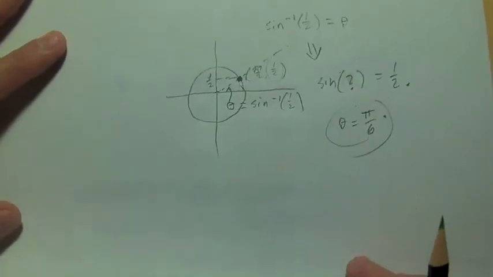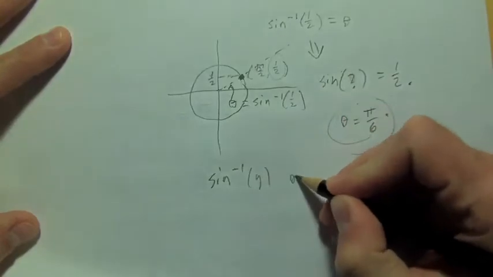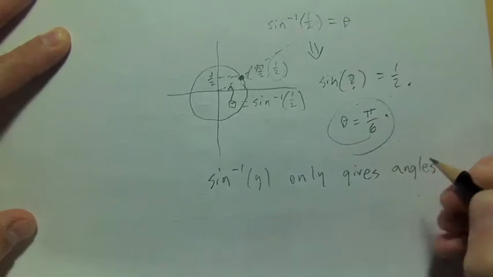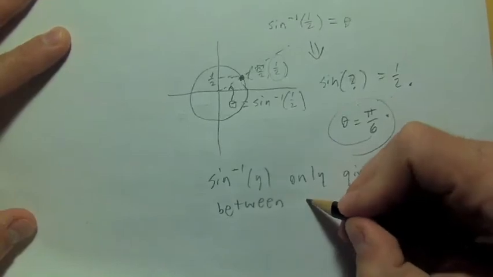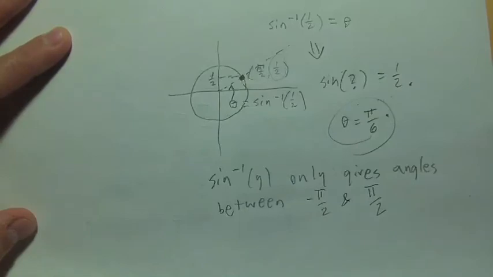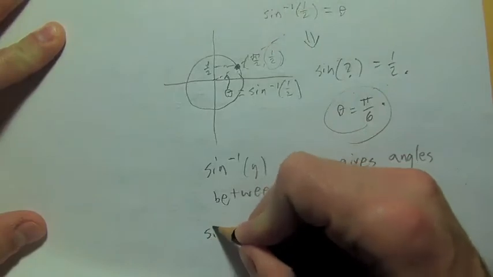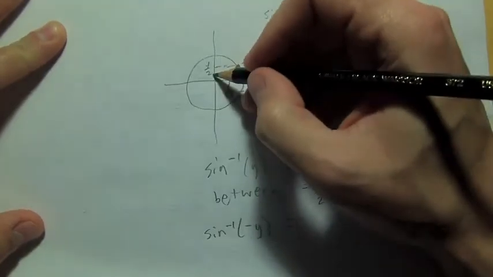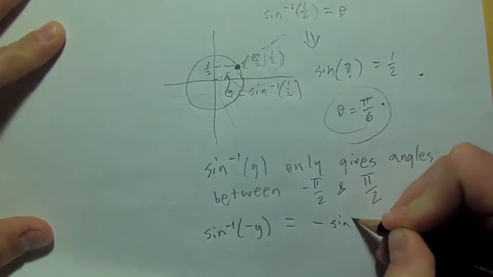Okay, so sine inverse of y only gives angles between negative pi over 2 and pi over 2. And what this actually means is that sine inverse of negative y, if I put in a negative value, it's not going to give me things down here, but it actually is just negative sine inverse of y.